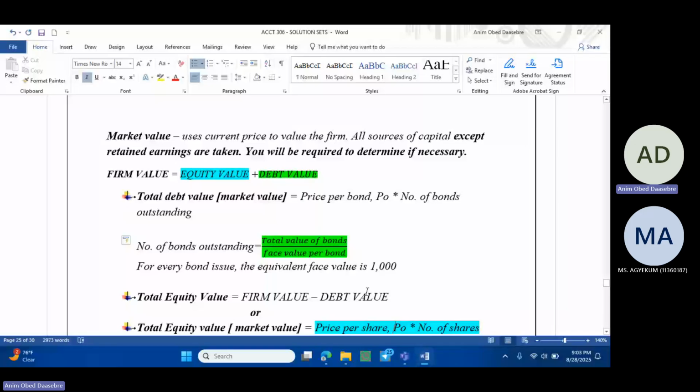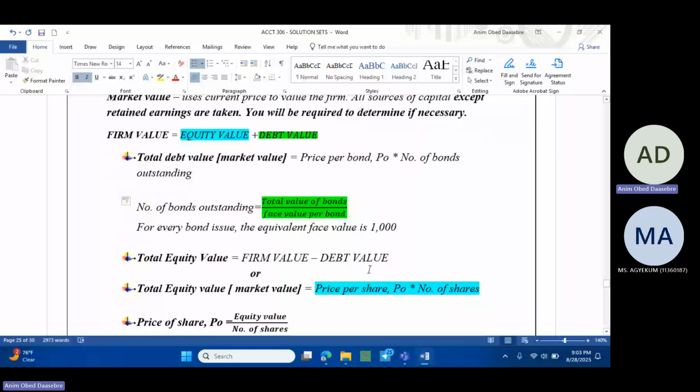Then to get the equity value, if you have the total firm value in the question, you just do your change of subject from the general formula.